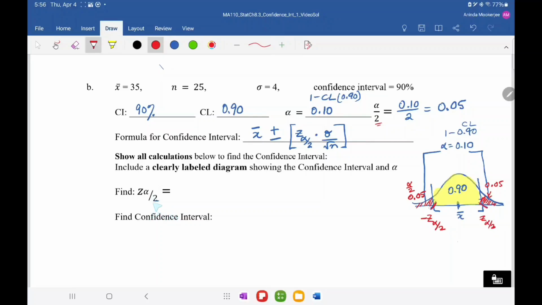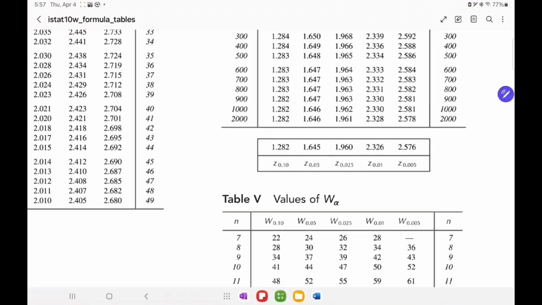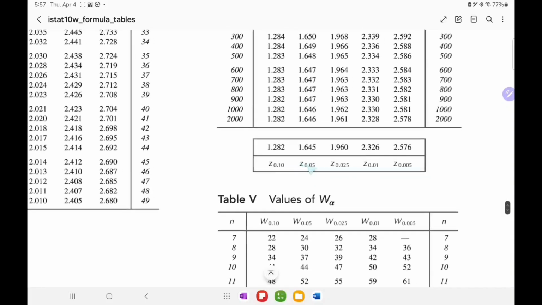We know alpha by 2 is 0.05. So that means we are looking for z of 0.05. We have to go to our table. Let's do that. Again, use the special table here. And it's z of 0.05 this time.